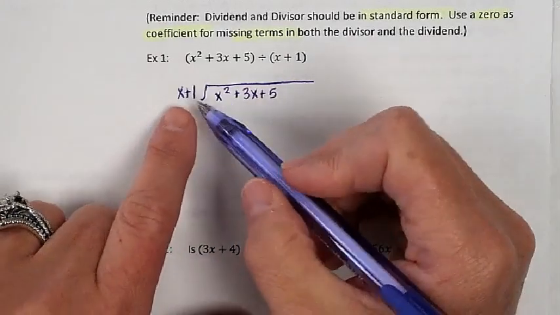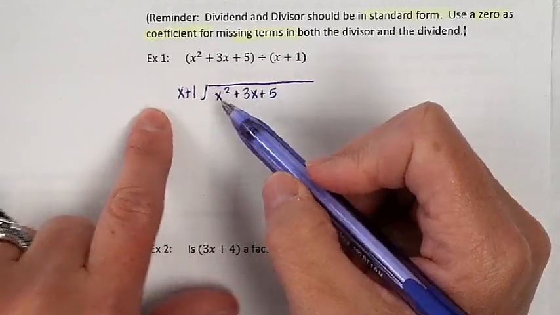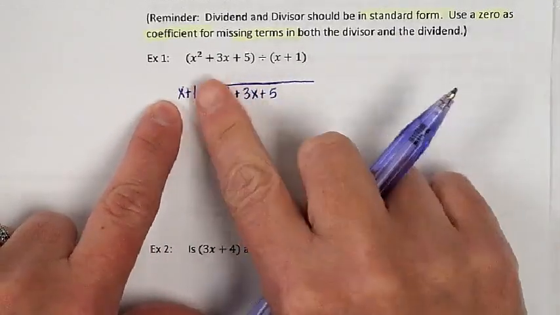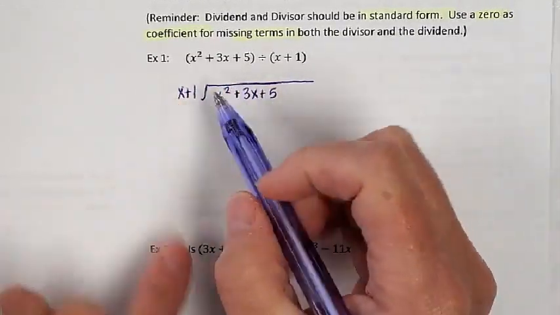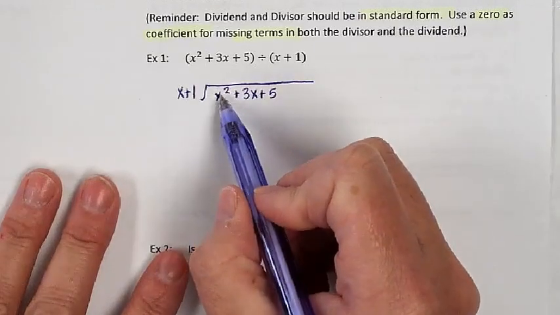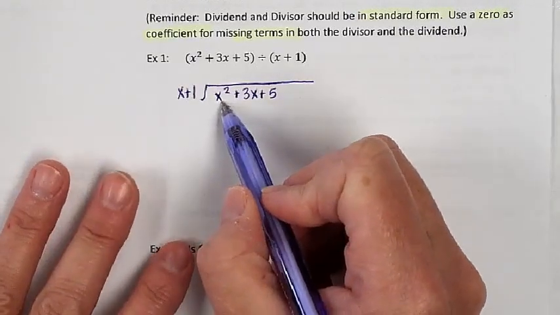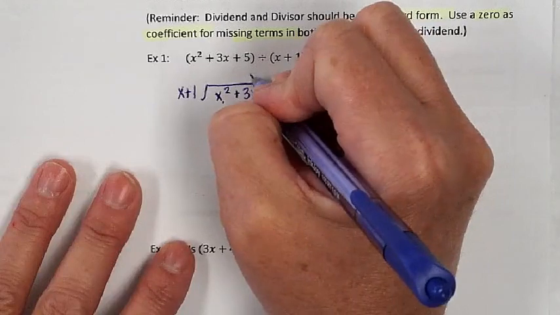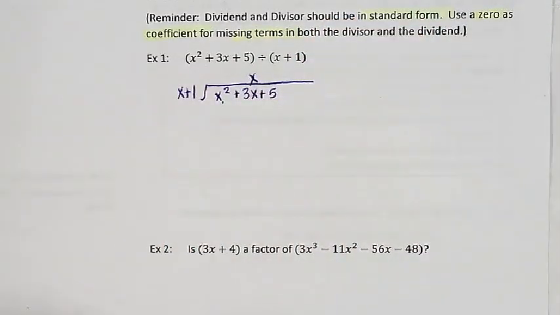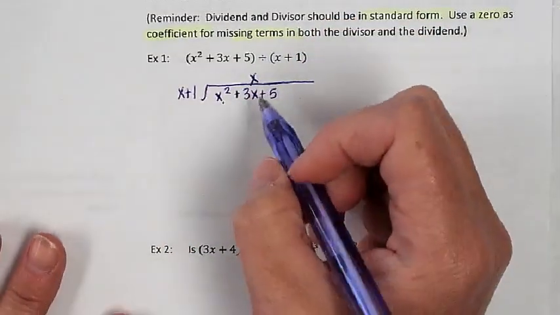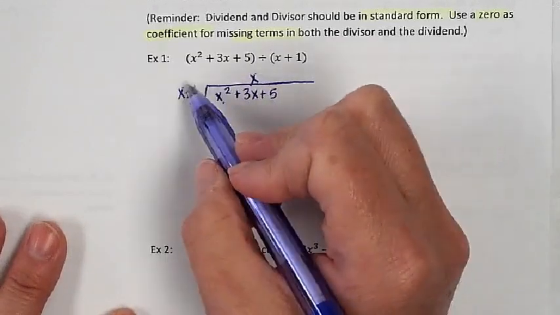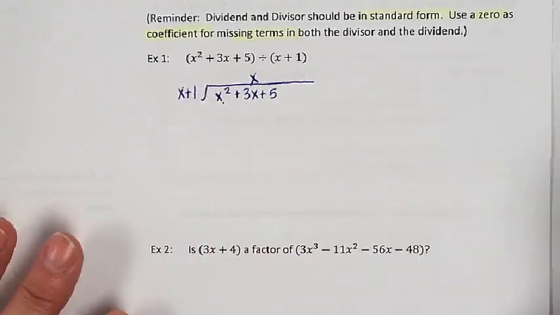Now, you don't have to worry about the plus 1 right now, you're just looking at the x, and we're going to look at this x squared. So we need to see x times what would give me x squared? X. So I'm going to put an x here. Now we're going to multiply x times this entire x plus 1.